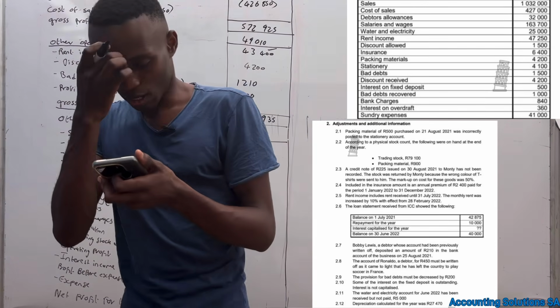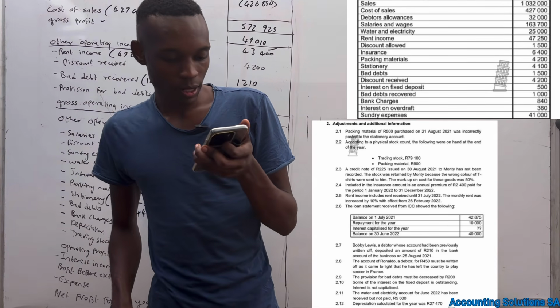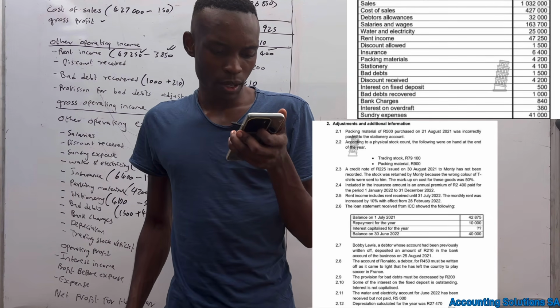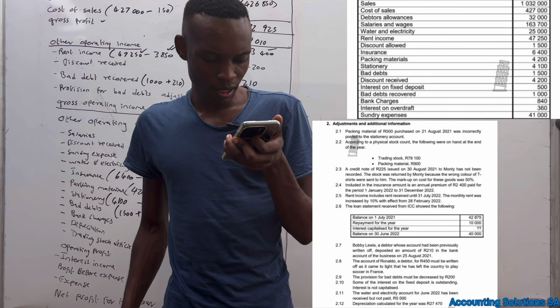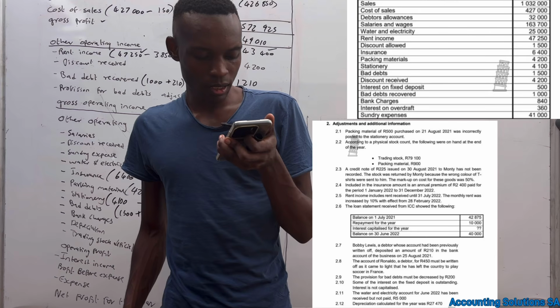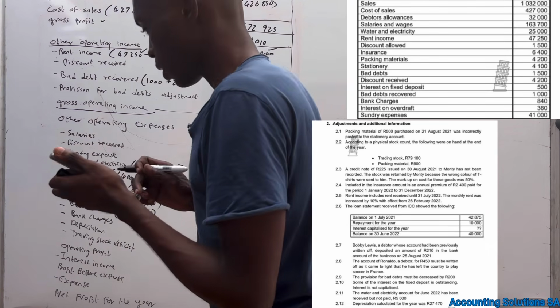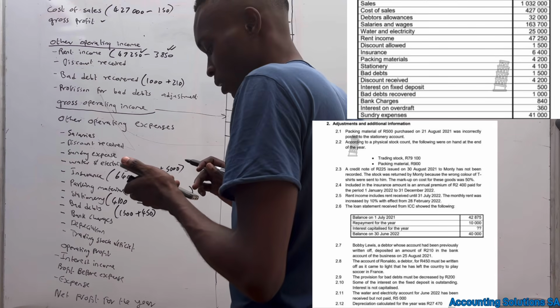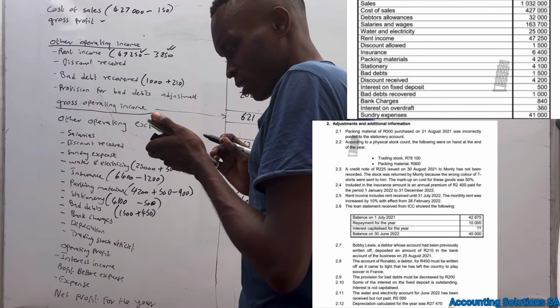Okay, let's proceed. The next one, if you check under transaction, we did all the transactions beside the transaction of interest and depreciation. So bank charges does not have any transaction, so we're just gonna copy it as it is. Bank charges is how much?